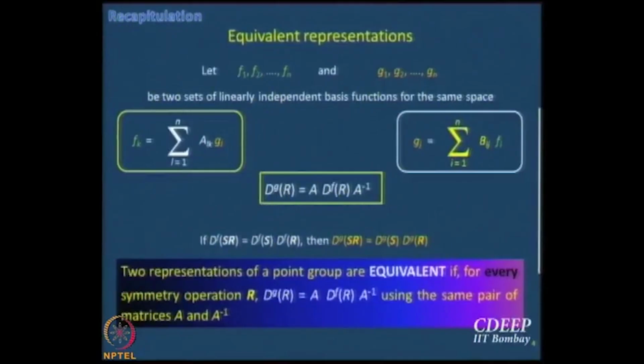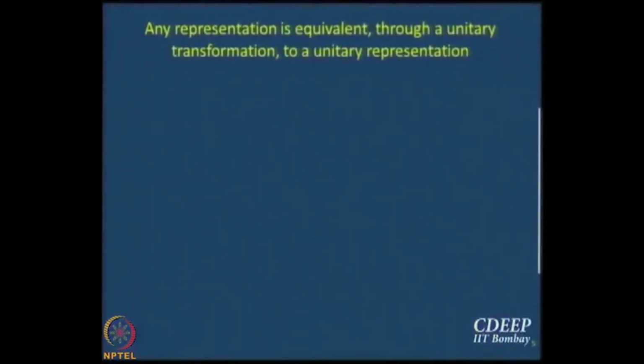So, we already learned how to switch bases. Today we build upon that and try to switch to an orthonormal basis, orthonormal basis functions. Here goes. I have kind of played the spoilsport and given you the answer to start with. Any representation can be seen to be equivalent to a unitary representation through a unitary transformation.